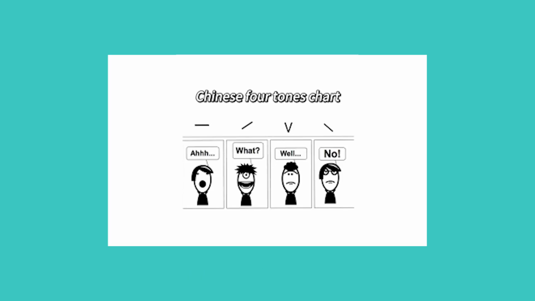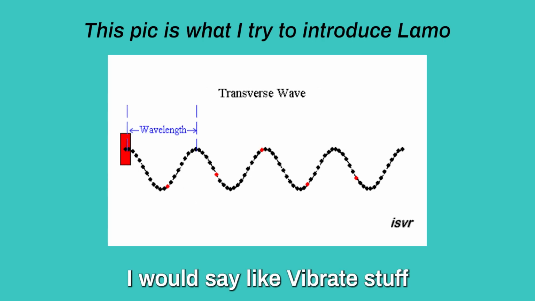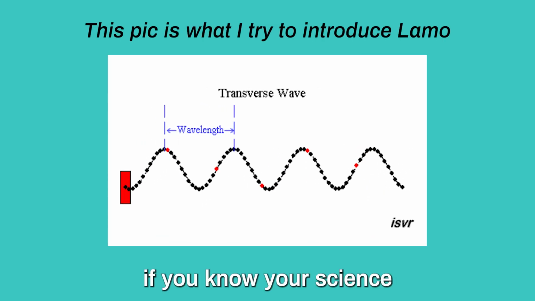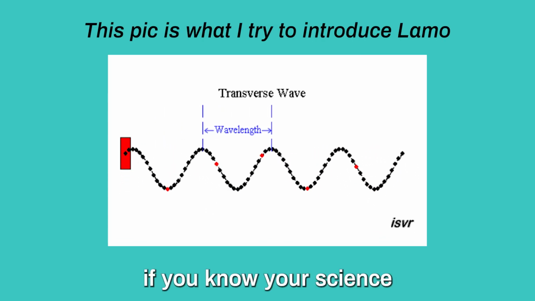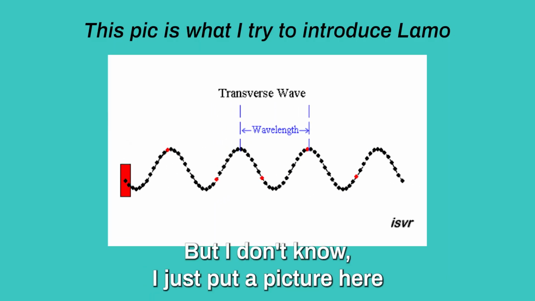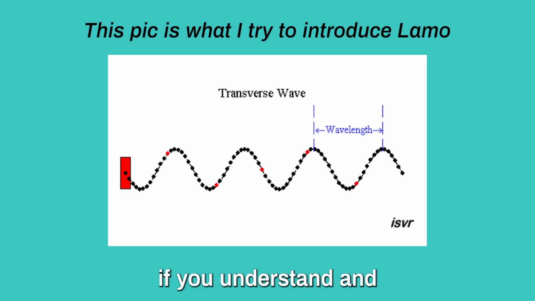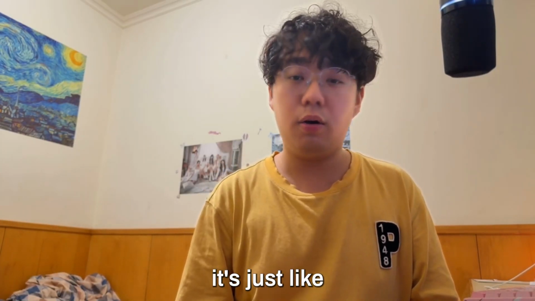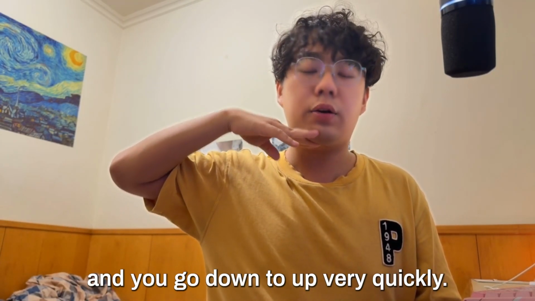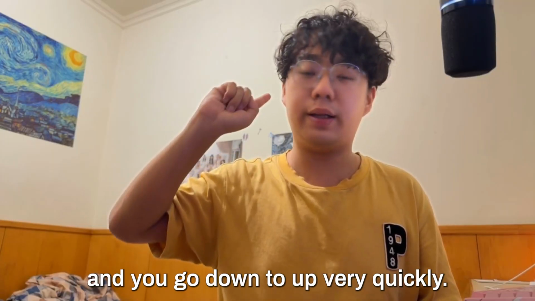It's like a vibration, like in your elementary school science or something else, but I don't know, I just put a picture here, maybe you will understand. It's just like when you go up and then go down to up very quickly, like hǎo.